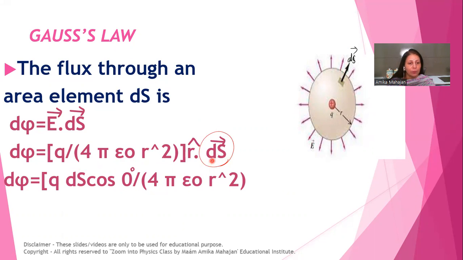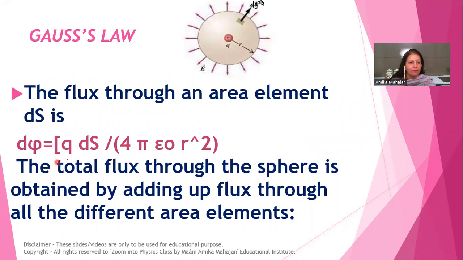So that angle is 0 degree. So q into ds cos 0 by 4 pi epsilon naught r square. This cos 0 is 1. So what I get, d phi equal to q ds by 4 pi epsilon naught r square.